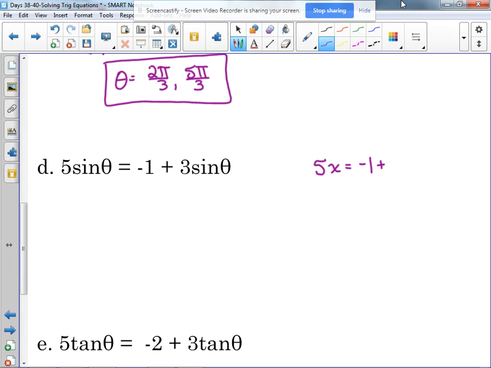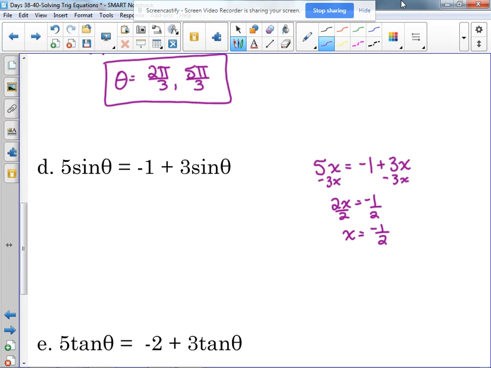This is just like the equation 5x is equal to -1 plus 3x. Just replace the trig function with the variable. Okay? How would you solve that? You got variables on both sides. You want to get the variable on one side. So we would subtract 3x, and then we've got it on one side, so then we divide by 2.